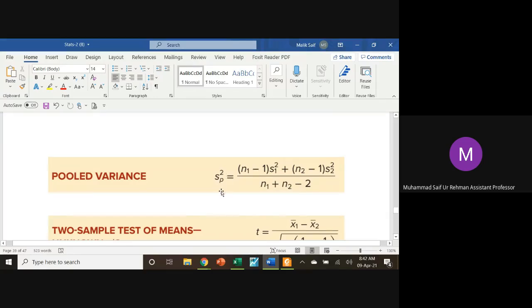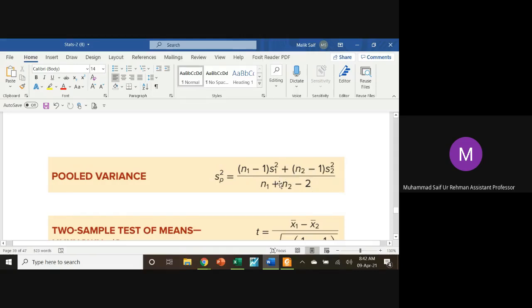Basically, we want to have one value, as we are saying that population variances are unknown, but we are saying that they are equal. As they are equal, we are able to pool them, to have a single value, or you may say the average value, as there are two sample variances. You are adding and then dividing by the total number of observations.